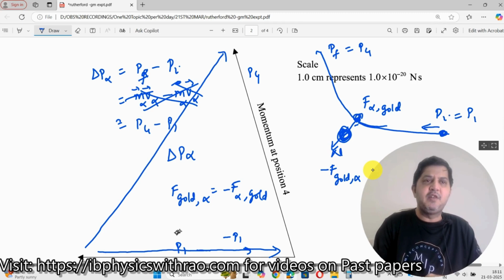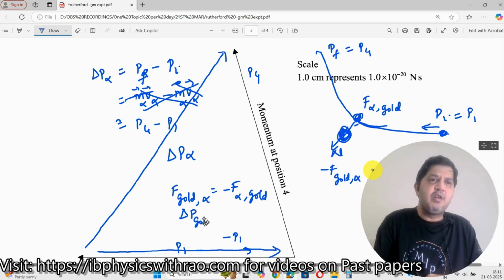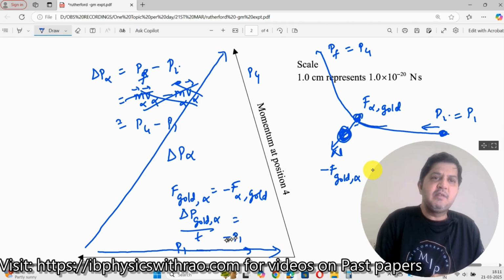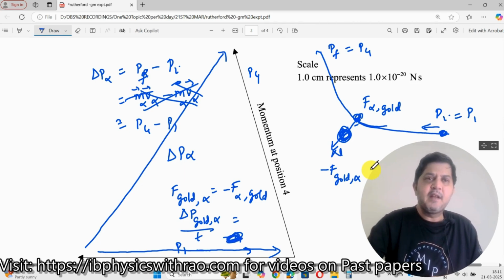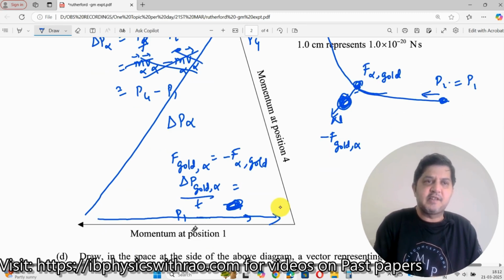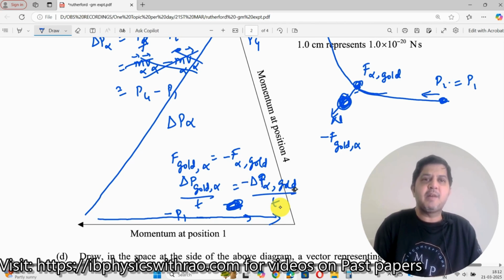Now this one, as we know from Newton's second law, I can now write as delta P gold comma alpha divided by time t is equal to, I'll just erase this. We are having a lot of space crunching over here. I'll put it like this over here. Delta P gold comma alpha divided by t is equal to minus delta P alpha comma gold divided by t.